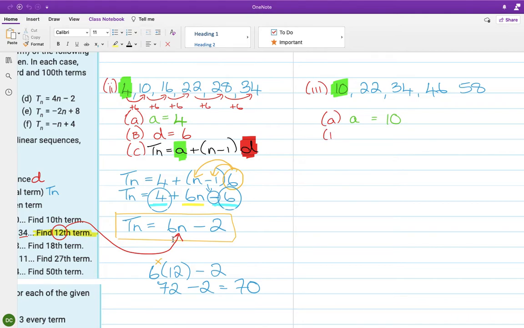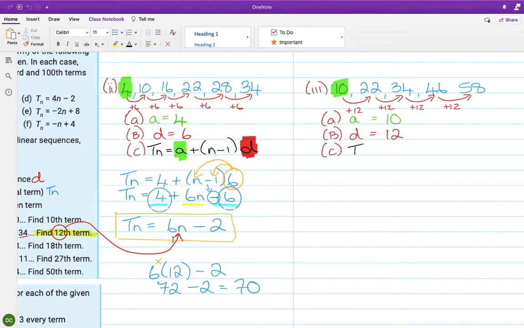B is the common difference. Common difference here is 12. It's going up by 12 each time. Yeah? So that's 12.